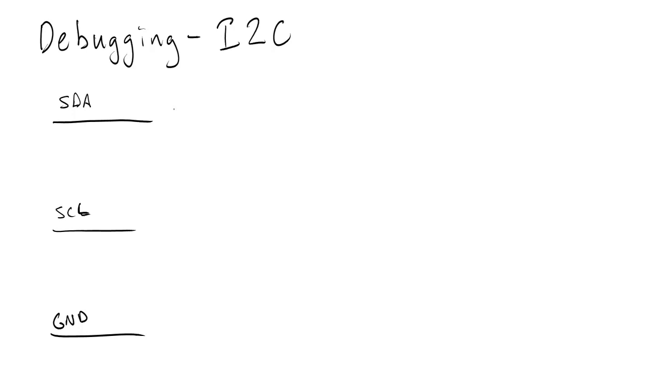SDA is kind of interesting because it's bidirectional. So over here, you'll have your master device, and then here you would have your slave device. But what happens, since it's bidirectional, is you have some logic, so a buffer coming from over here, so that data can go this way.